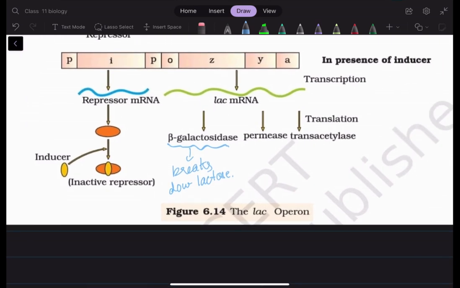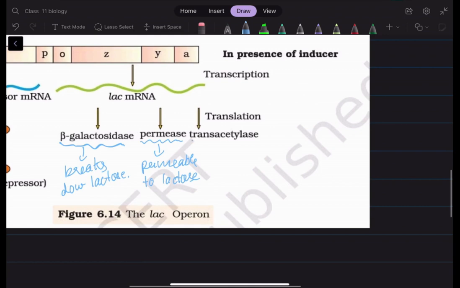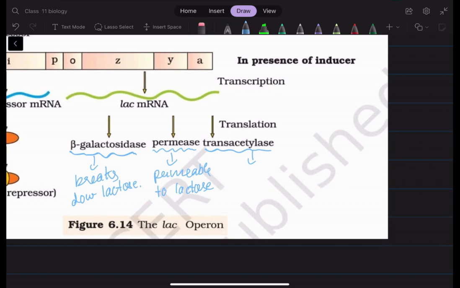And the Y gene codes for permease. So permease makes the membrane of the bacteria permeable to lactose. It makes sure that the lactose enters the cell. Now another enzyme here that the A gene codes for is the transacetylase.